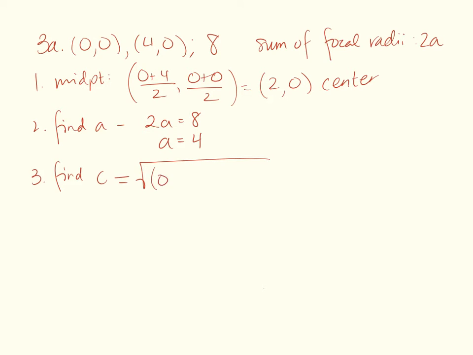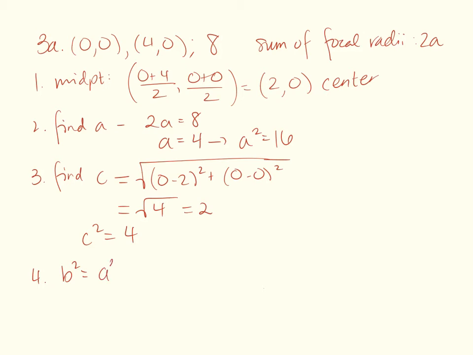So square root of (0 minus 2) squared plus (0 minus 0) squared equals square root of 4, which is 2. So c is 2, which means c squared is 4, and since a is 4, a squared must be 16. So b squared is equal to a squared minus c squared, or 16 minus 4, which is 12.